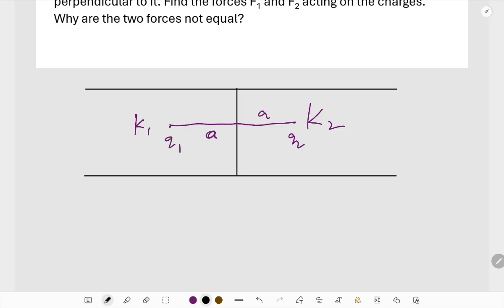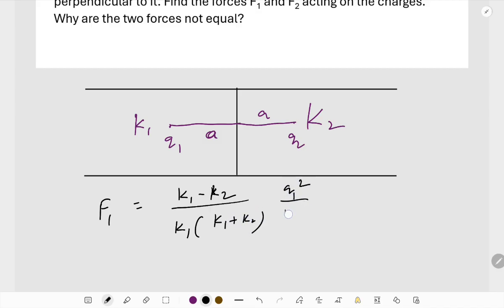So the answer: the force on charge Q1, that is F1, can be simply given as (K1 minus K2) divided by (K1 plus K2), Q1 square by 4A square, plus Q1 Q2 divided by 2(K1 plus K2) A square.